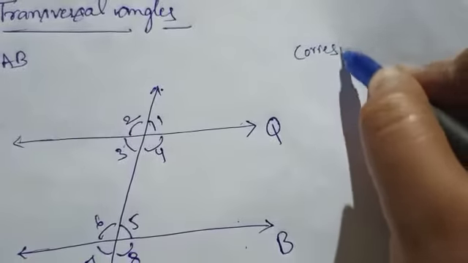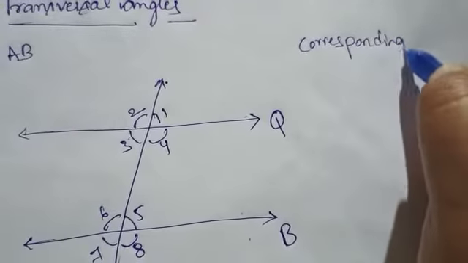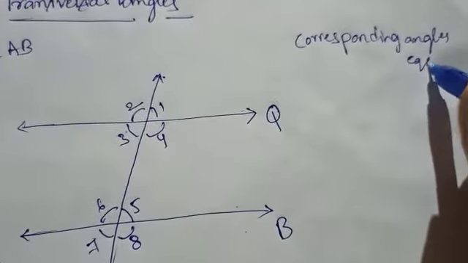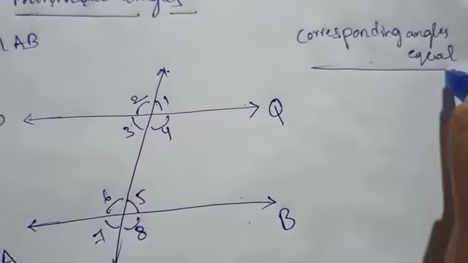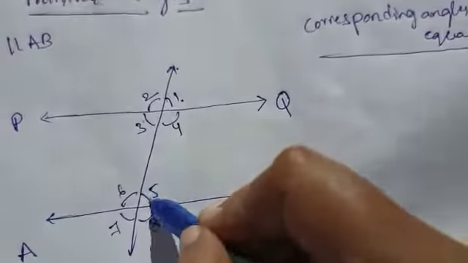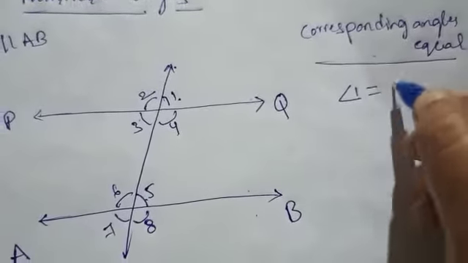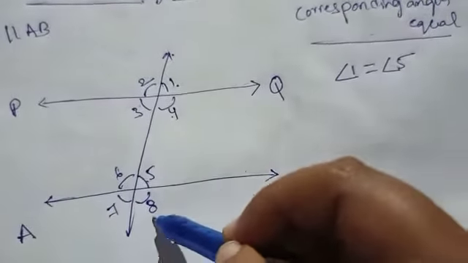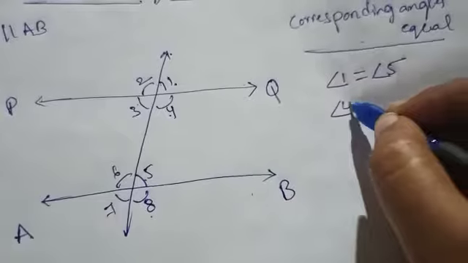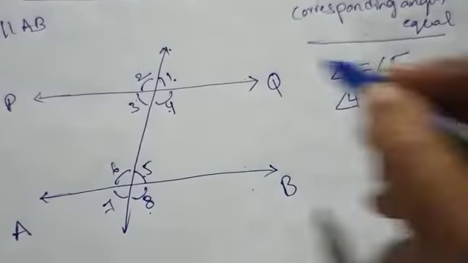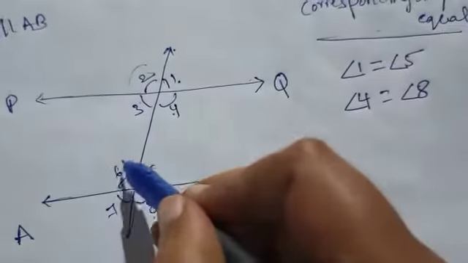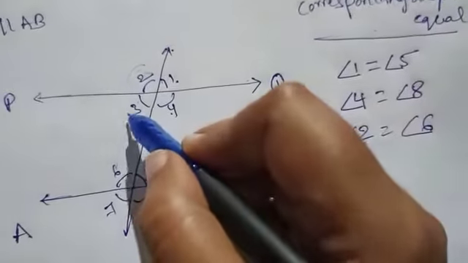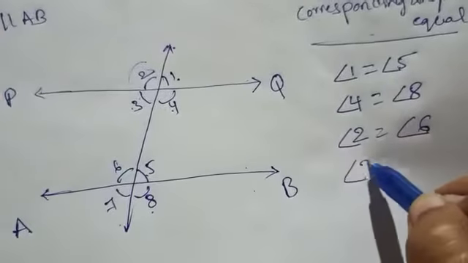In the same way, angle 4 equal to angle 8, angle 2 equal to angle 6, angle 3 equal to angle 7.